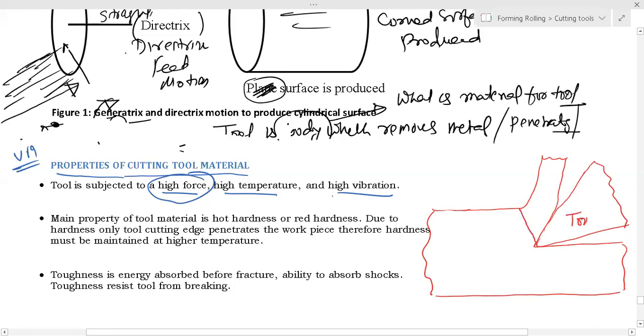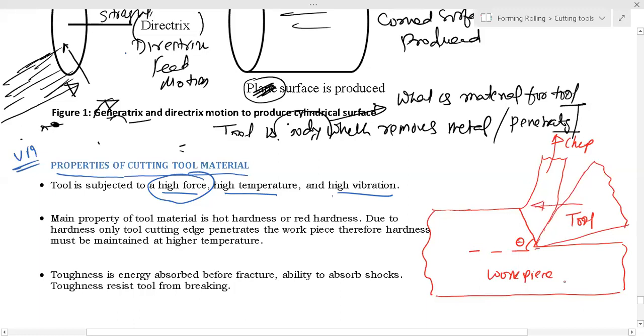This is your tool. This is your chip. And this is your workpiece. This is your shear angle. Now this tool moves like this.